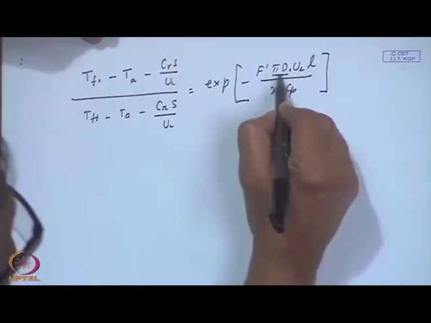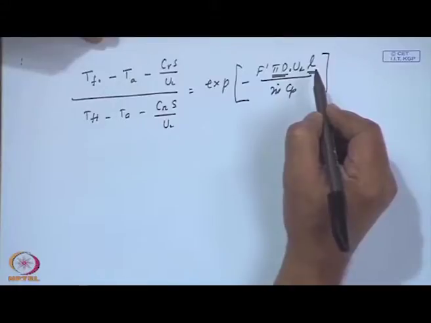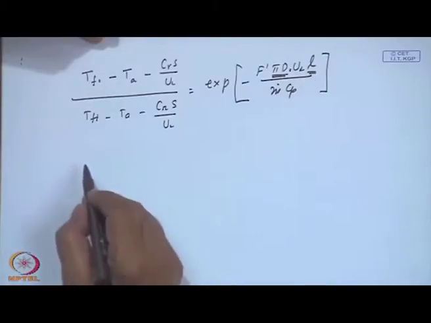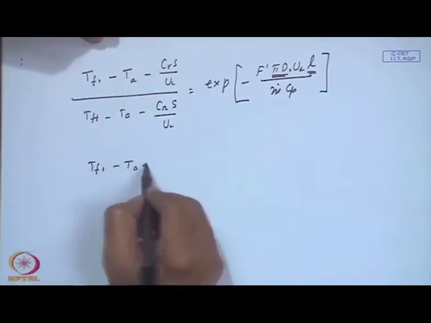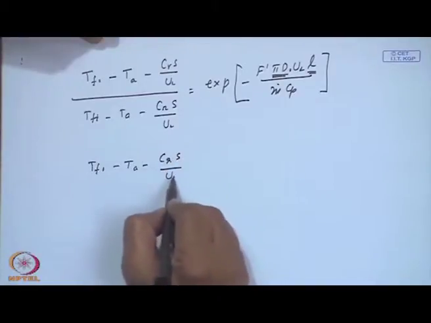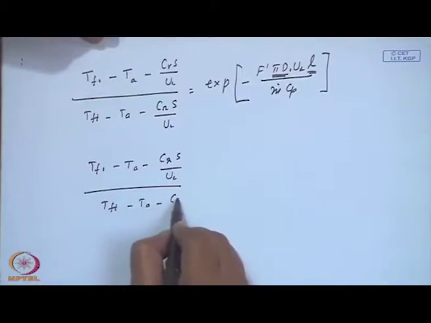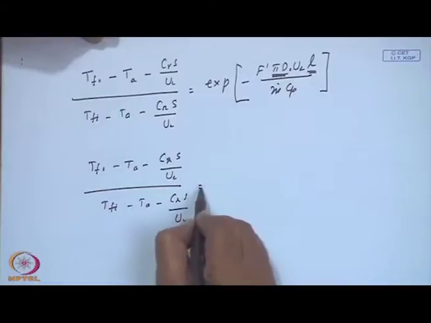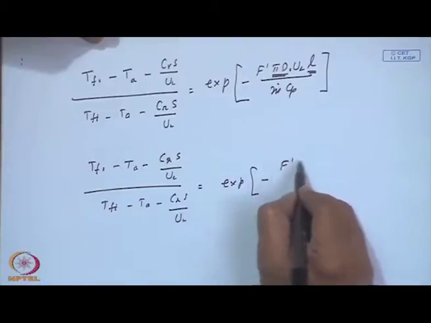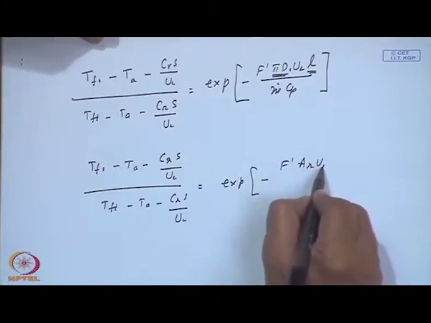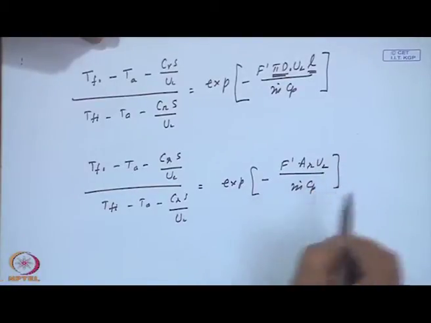You can notice that pi d naught into L, length of the absorber tube, is nothing but the area of the receiver, which also can be rewritten as follows.